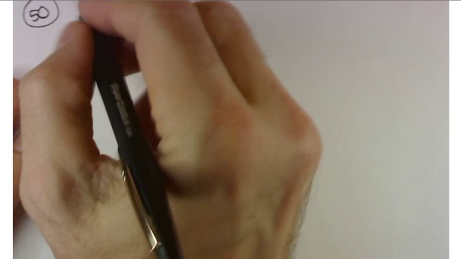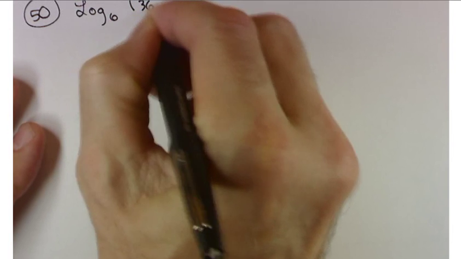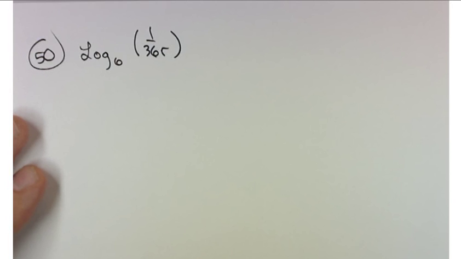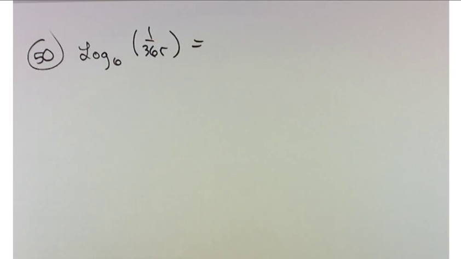Log base 6 of 1 over 36r. Boy, this actually will simplify quite a lot. Let's see here. What's the first step? What can I write first to get going?